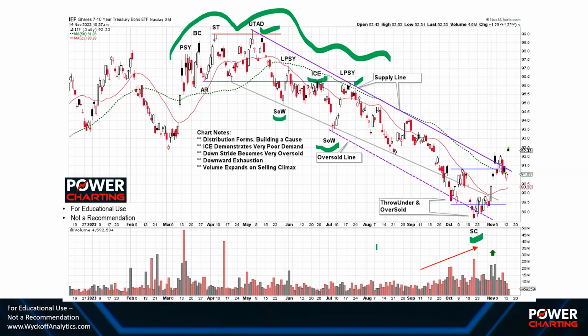That often happens at the conclusion of redistribution or at the conclusion of distribution also. We expect that at the conclusion of a decline, we're going to get the selling climax. We had one, a throw under here and here.